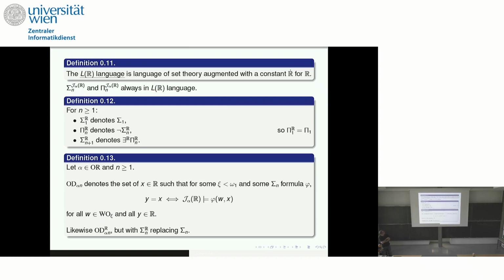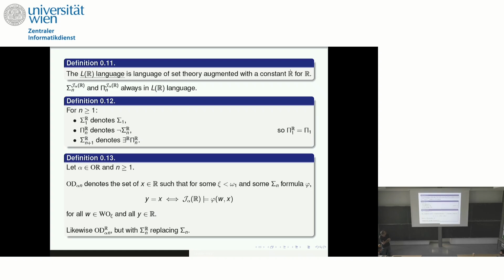Pi n R is just the negation of sigma n R, and the difference is that sigma n plus 1 R involves just an existential real quantifier over pi n R. So you go up through the hierarchy doing real quantifiers instead of quantifiers that are allowed to range over the full J alpha R. They only range over the reals, but the sigma 1 at the start is over the full J alpha. Obviously sigma n R is contained in the usual sigma n, but it's not clear in the other direction.